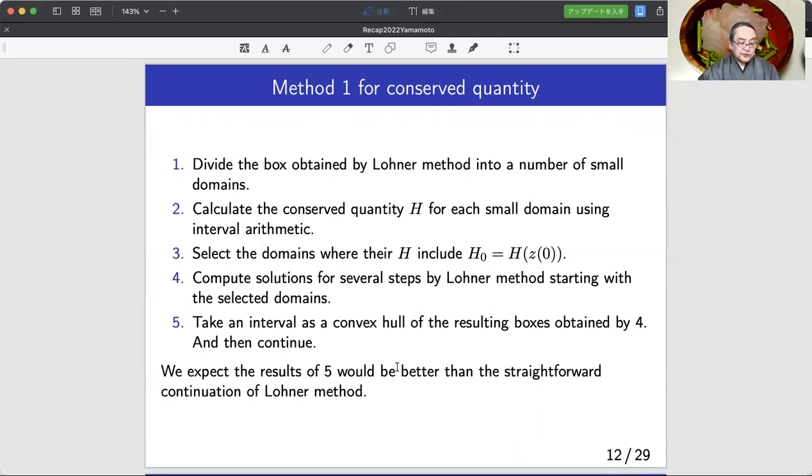Compute solutions for several steps by the Lohner method starting with the selected domains. 5. Take an interval as a convex hull of the resulting boxes obtained by 4, and then continue. We expect the results of 5 would be better than the straightforward continuation of the Lohner method.